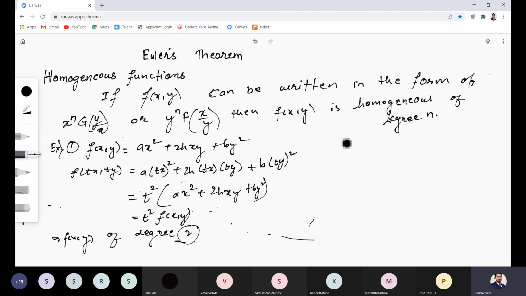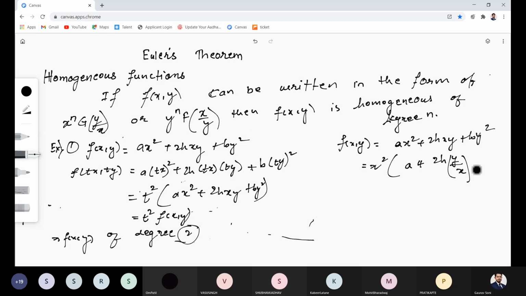The other way I spoke about, f of x y is equal to ax square plus 2hxy plus by square. So what I can do is I can take x square common. So what we have, a plus 2h y by x plus b y by x whole square.